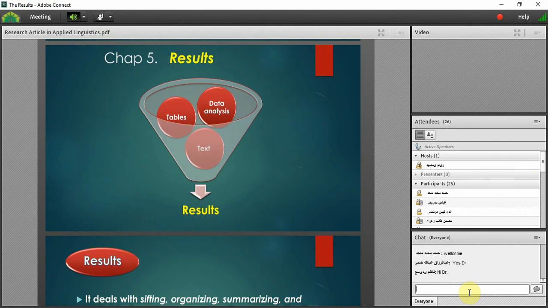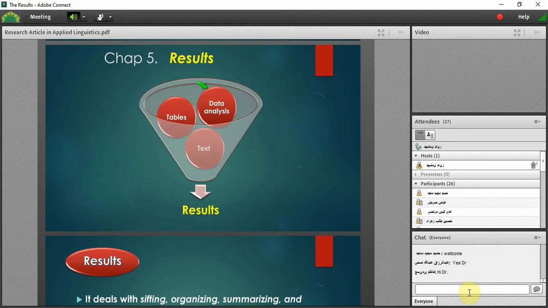So the results section is after the methodology section and before the discussion section. It's a very short section. It usually has some tables, some text after the table, and then some kind of data analysis. Very simple.